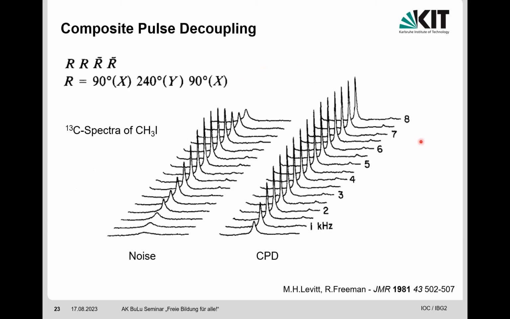And then Malcolm Levitt also developed these supercycle schemes. And the first supercycle scheme, this R bar, meaning you have a base sequence R, which consists of this 90 degree X, 240 Y, 90 degree X. And this you apply with the phase X here for the first pulse, then again with the phase X, and then you apply it with minus X, minus Y, minus X as the pulse phases and repeated.